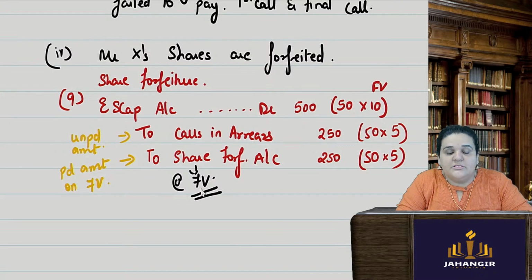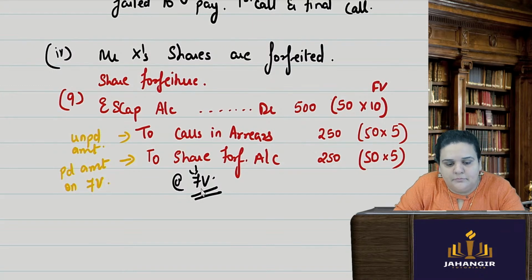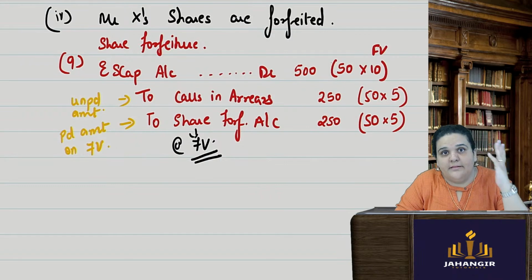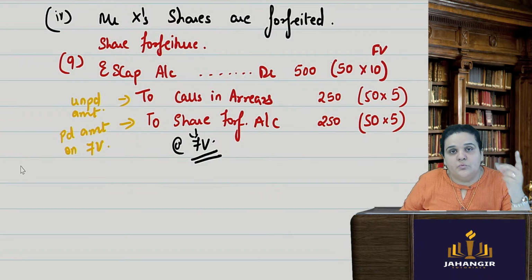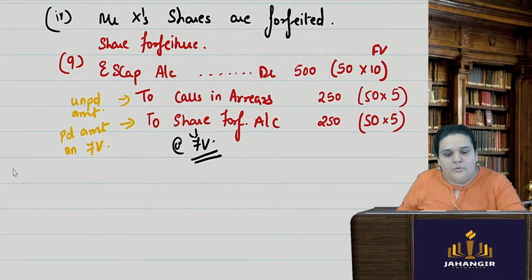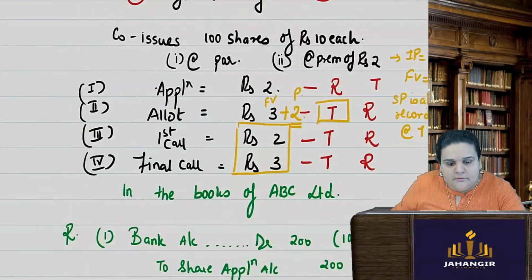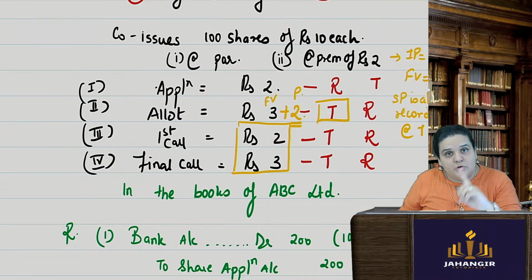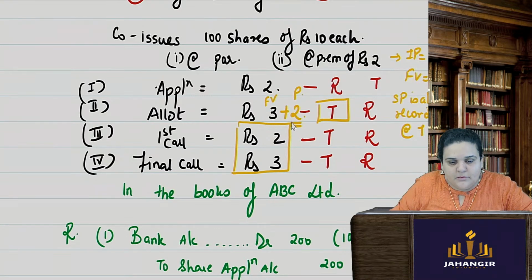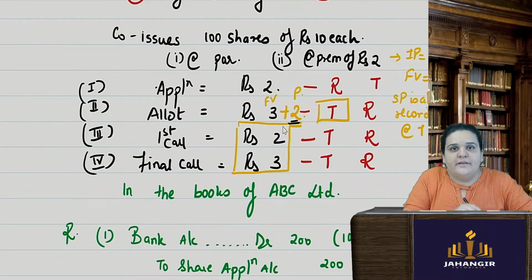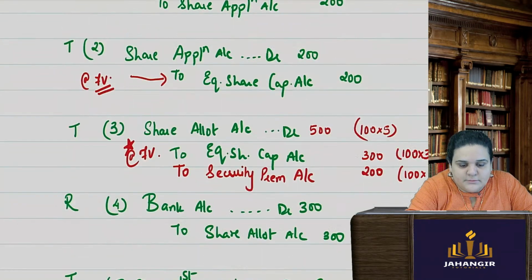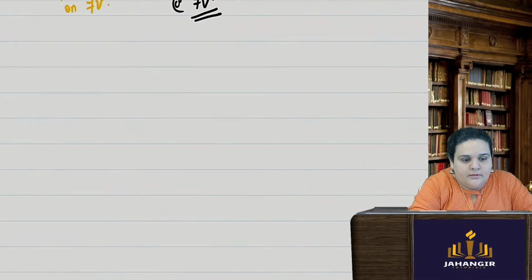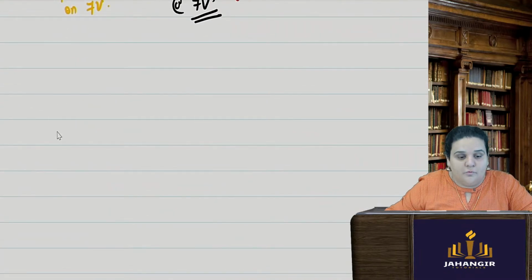Okay. Also, security premium is paid now. So some of you will be having that, ma'am, he paid application and allotment, he paid 2 on application, 3 on allotment, but he has also paid this 2 rupees. So share forfeiture should also reflect this, no? If securities premium is paid, okay, write down the note if you all want to.